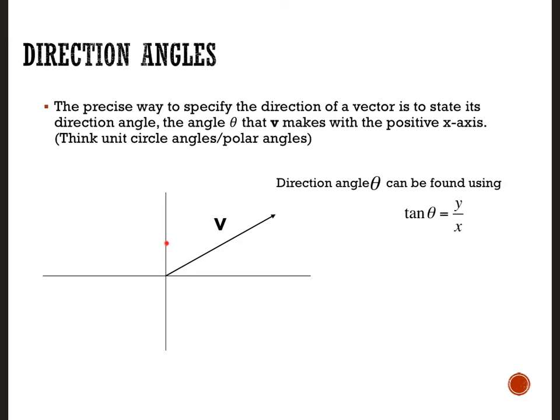If this is pointing on the positive y-axis, we would call this angle 90 degrees. Negative x-axis is 180, negative y is 270, and then if it was pointing back here, we could also use the angle measurement 360. To find the angle measurement, we'll need to know that the tangent of any angle can be found by doing y over x.